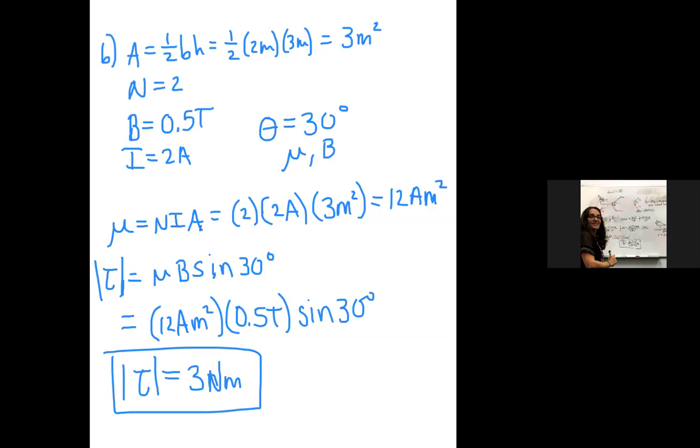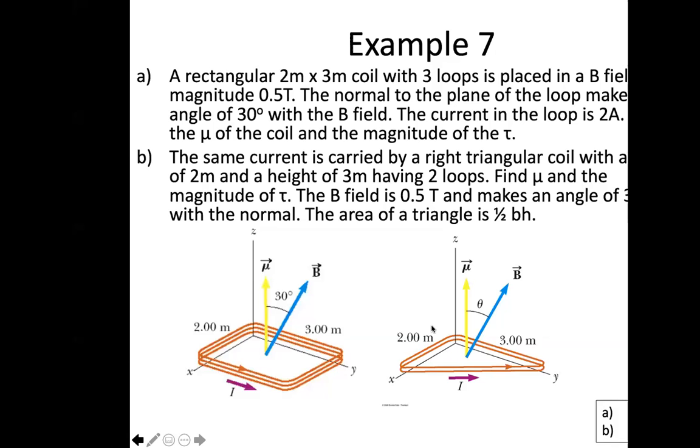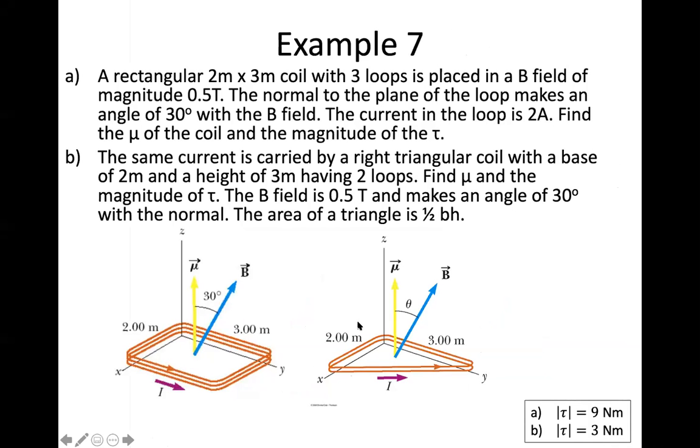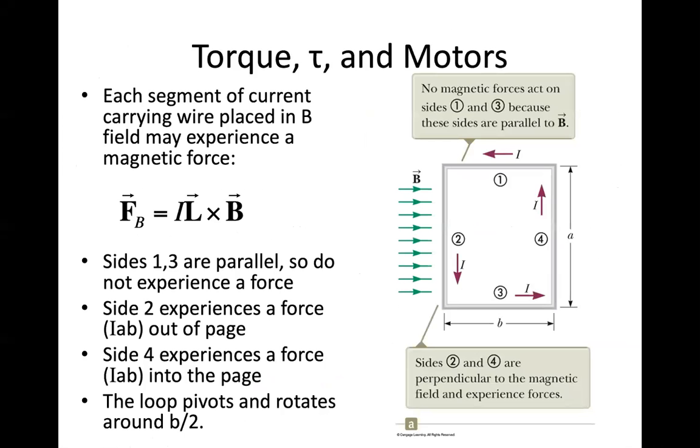Now, I think this is one of the cooler things that happens in electricity and magnetism is all this rotation and motors and engines and generators, which we're getting into. Okay, so it's literally as simple as run some current through a loop, place that loop in a magnetic field, and boom, you get torque.